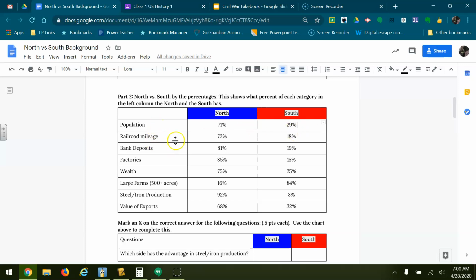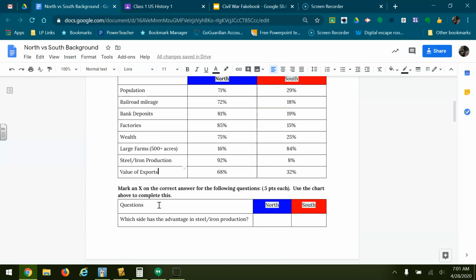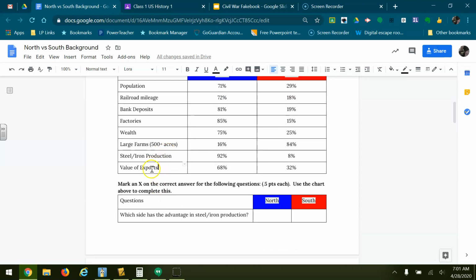So you have population, railroad mileage, how much money or how many bank deposits there were, factories, where the amount of wealth was, where the large farms were, steel and iron production, and the value of their exports. So exports are goods that are shipped to other places, okay?